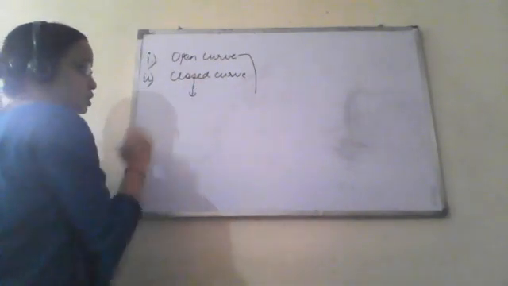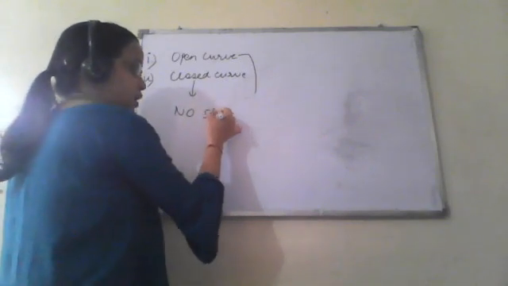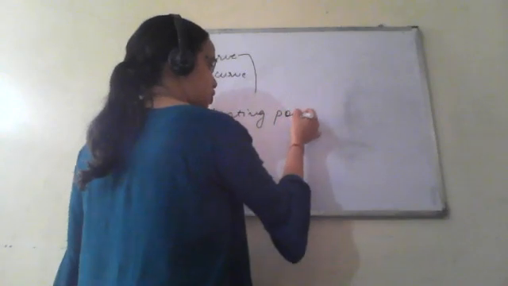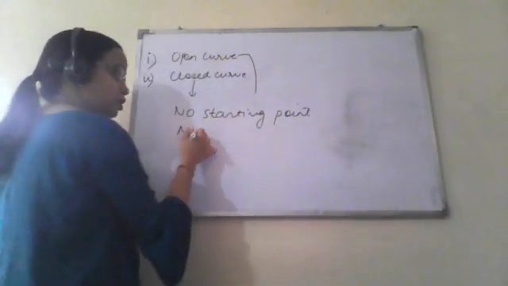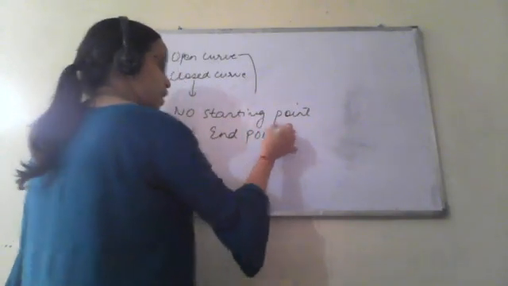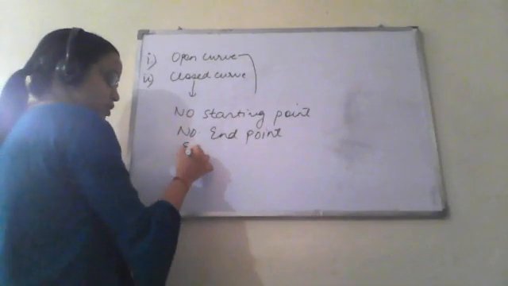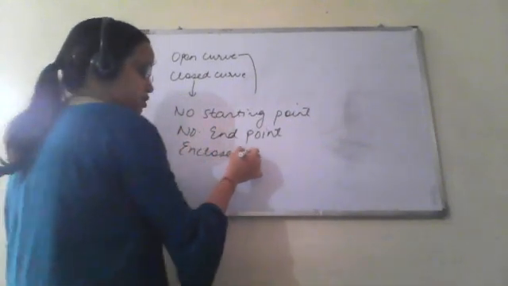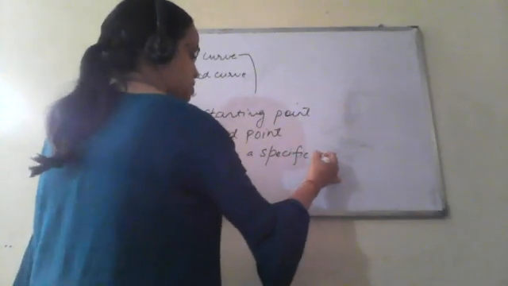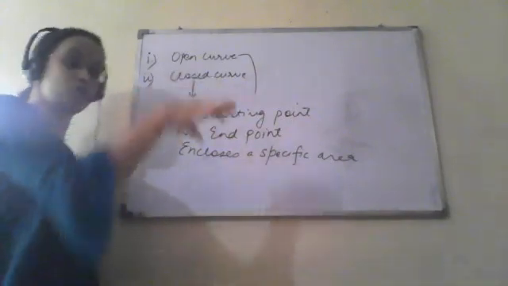Now closed curves. For a closed curve, there is no starting point or initial point, no end point, and it encloses a specific area. As the name suggests, it is something which is closed.